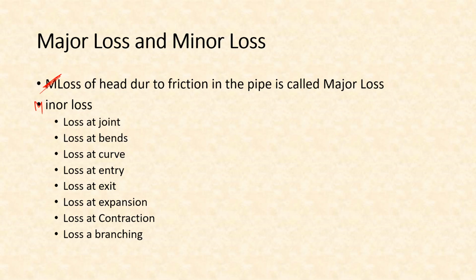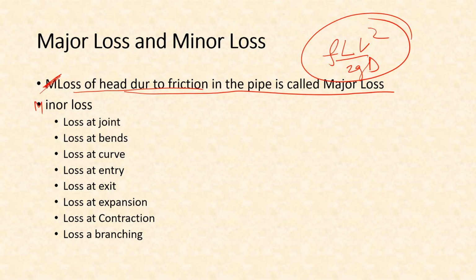Major loss is the head loss due to friction, which is given by this formula f L V square by 2 g D. That is the Darcy-Weisbach formula. But all the other losses, loss at joints, bends, curves, entry, exit, expansion, contraction, or branching, are called minor losses.